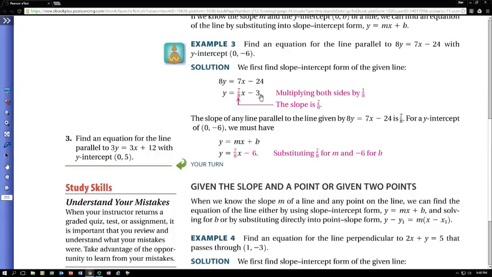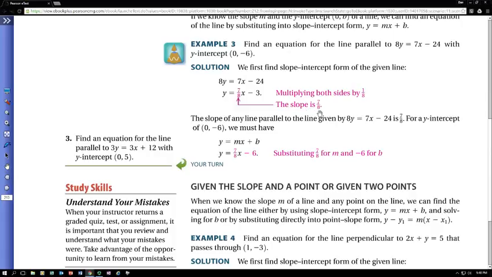So the point 0, negative 3 is a y-intercept. But does that help me with the other equation? They already gave me the y-intercept for this other equation that will make a parallel line to this equation. So what I need to do is only find out what the slope is. The slope of this line is 7/8.